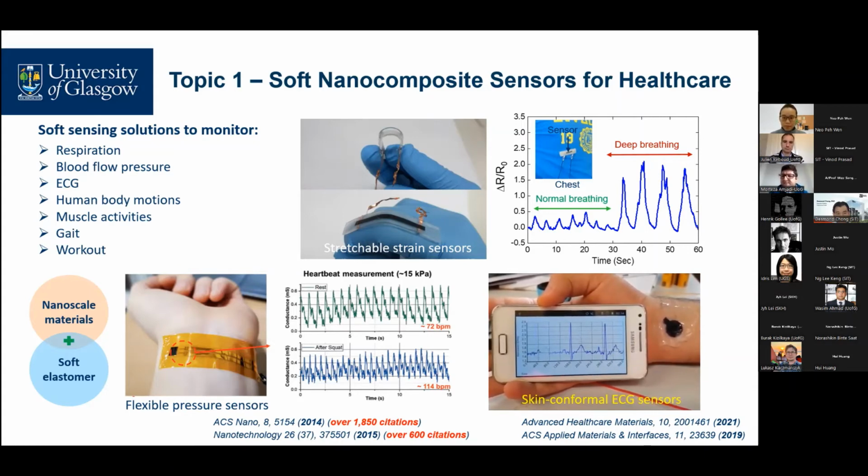In one of the examples on the top right, we can stick these sensors to the clothing and monitor respiration. On the bottom left, we developed flexible pressure sensors, and we have shown that we can use these sensors to monitor blood pressure on the wrist. We also developed flexible ECG sensors to detect ECG signals in real time.